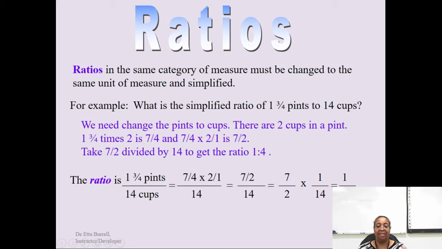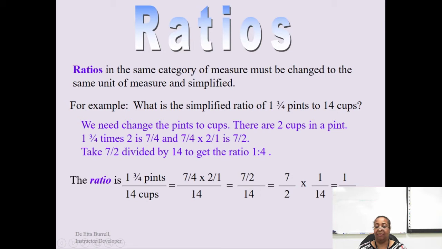And then we take that 7/2, now that it's reflecting the right unit, and we compare it to 14. We took 1 3/4 pints because that's what they listed first, and we're going to compare that to the 14 cups. When I convert this to cups, I get 7/2 to 14.